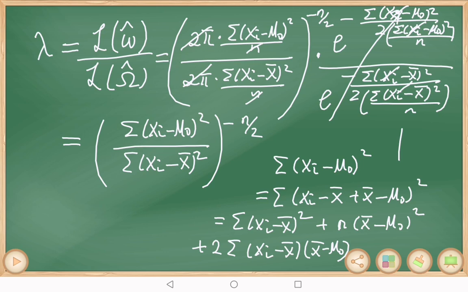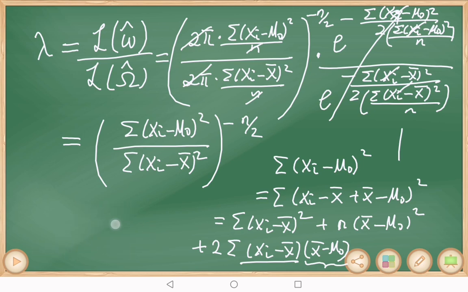It can be seen easily that the cross product term is equal to 0, because x bar minus mu naught is essentially a constant, and summation xi minus x bar is basically n times x bar minus n times x bar, so you get 0.